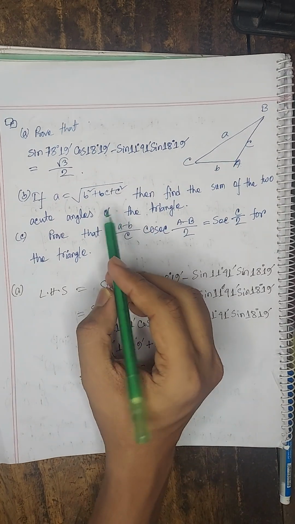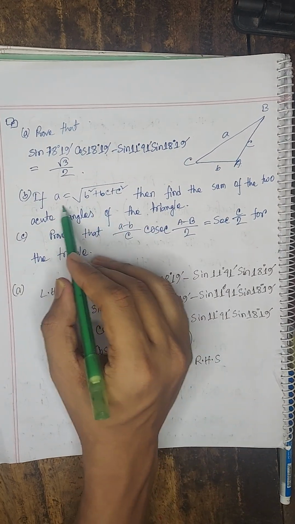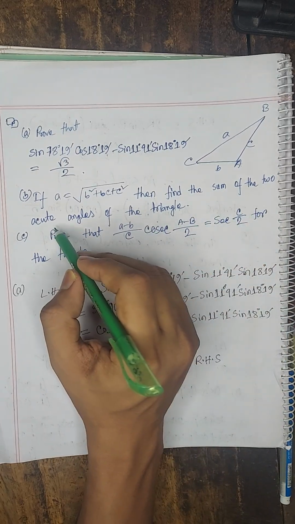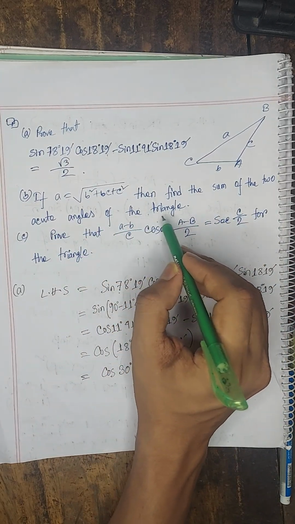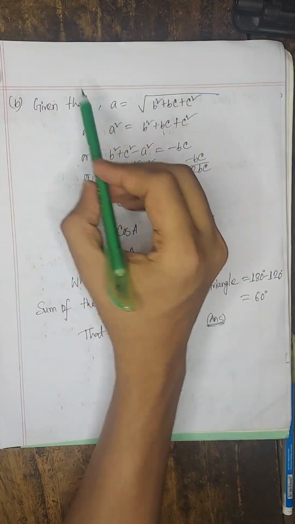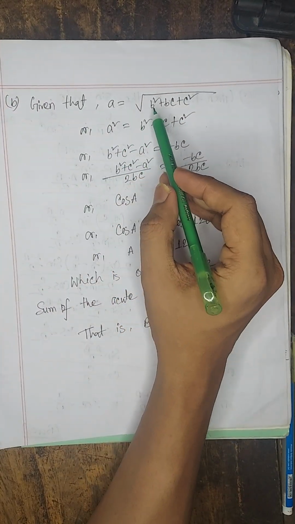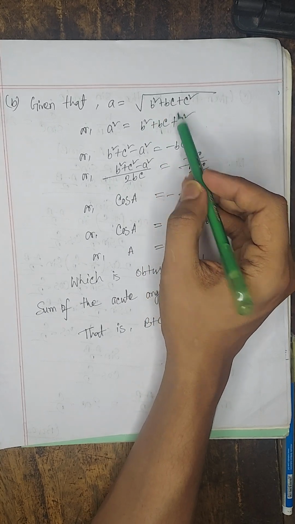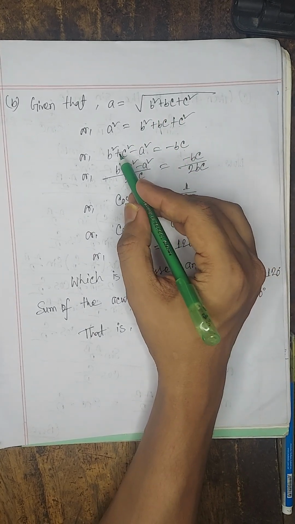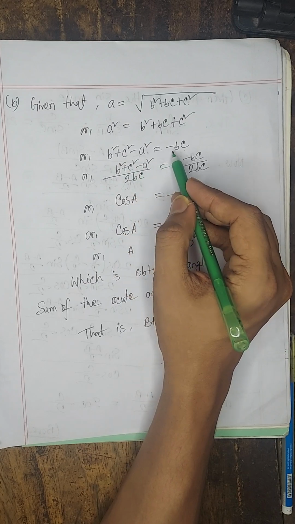Now our second problem: if a is equal to root over b square plus bc plus c square, then we have to find the sum of the two acute angles of the triangle. Here, given that a is equal to root over b square plus bc plus c square, we square both sides, then we get b square plus c square minus a square is equal to minus bc.